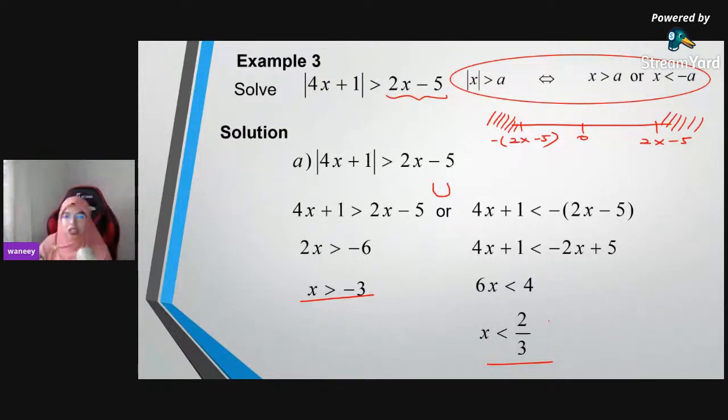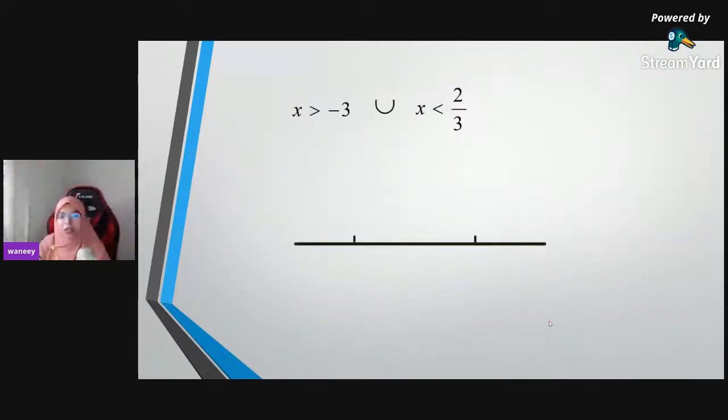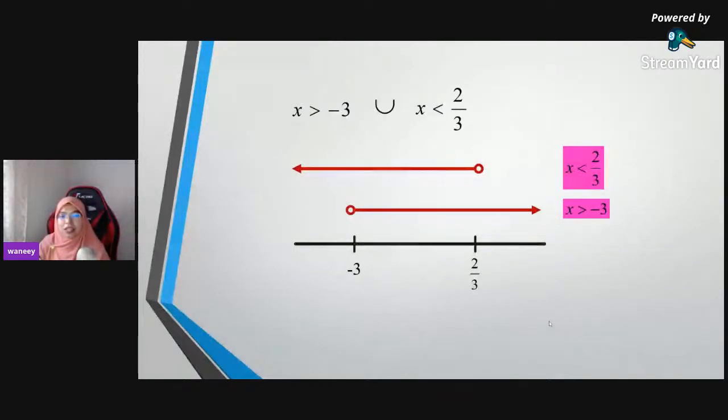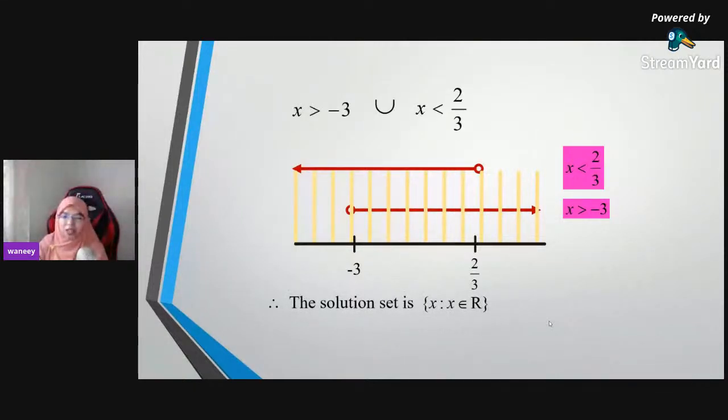So we unite those two answers, do one number line for them: -3, 2/3, left, right. Then combine them together, that means everything below the line. So the correct answer is -infinity up until infinity, or we normally call them the real numbers. Kalau awak bagi jawapan -infinity to infinity pun betul juga.